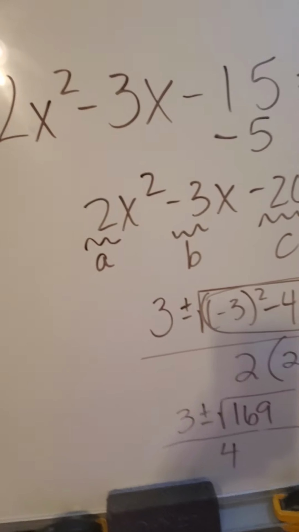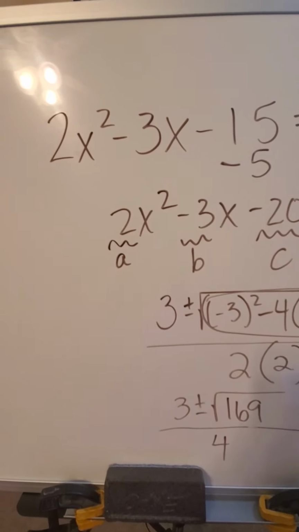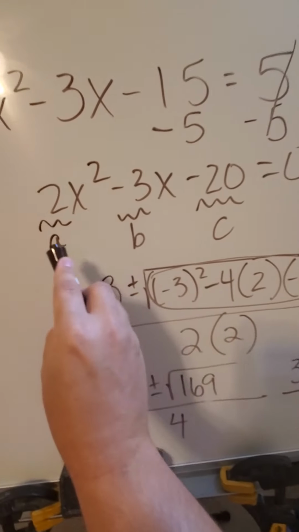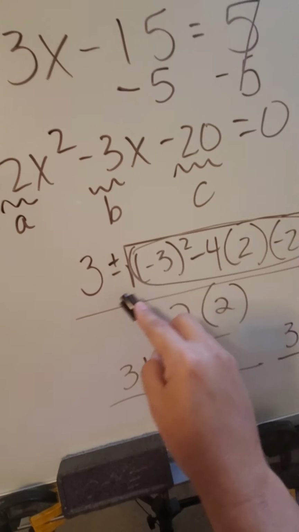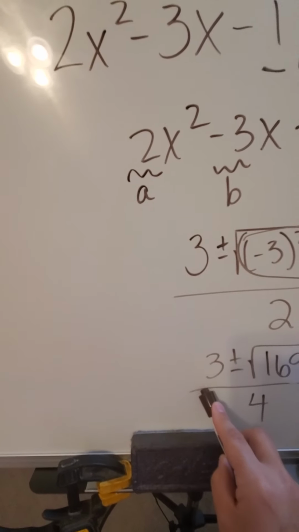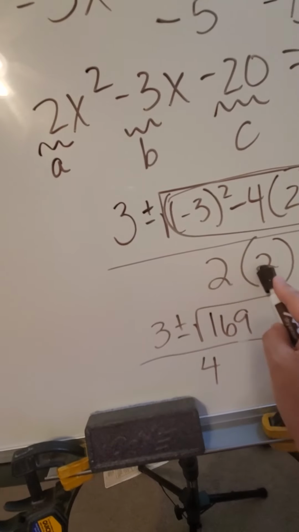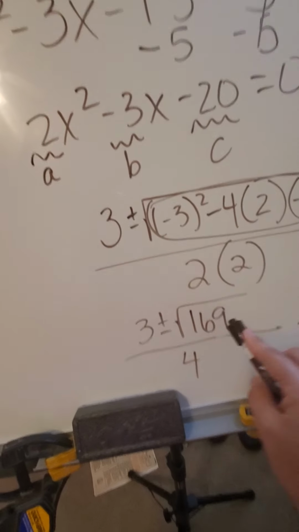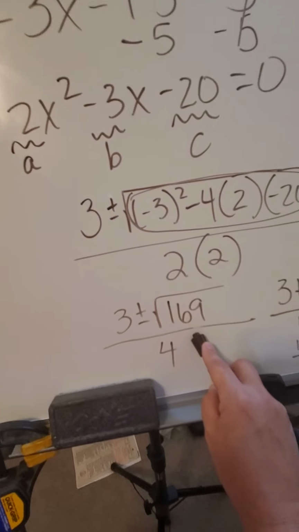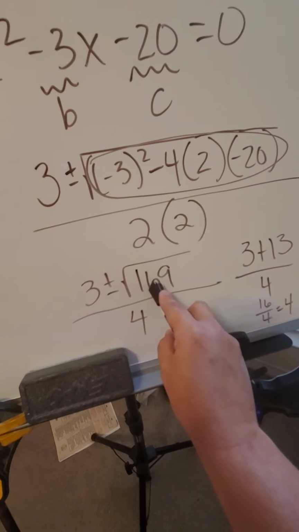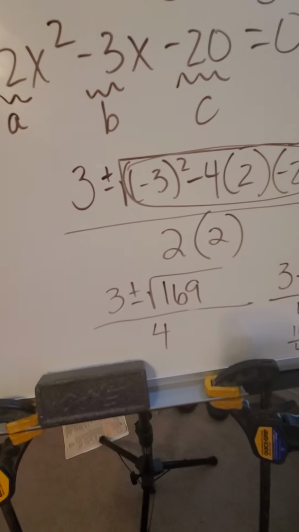Just getting the quadratic over here equal to 0 first, and then plug in your A, B, and C. And then always bring down the negative B in front, and my 2 times A I bring down on the bottom. I'd put this in the calculator, bring this here, and then do whatever I can with it. If I can take the square root of it like this, I go ahead and do it. If I can't, I do simplest radical. And that's pretty much it.